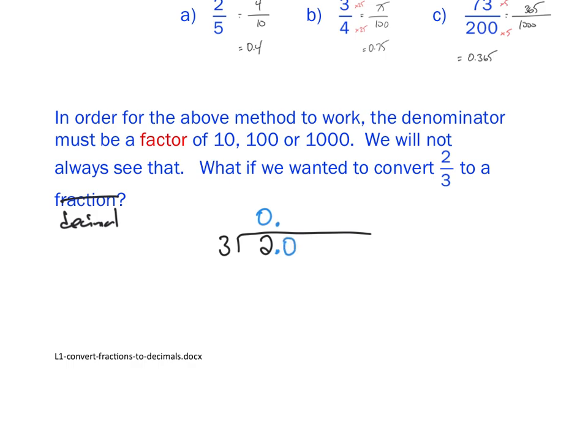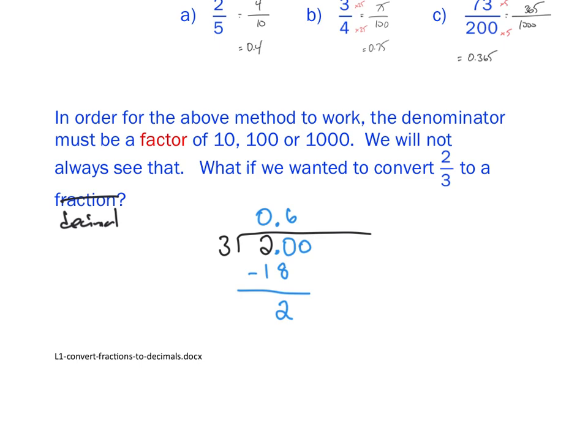We'll add a 0 here and ask how many 3s go into 20. Six. 6 times 3 is 18. If we subtract 18 from 20, we get 2.